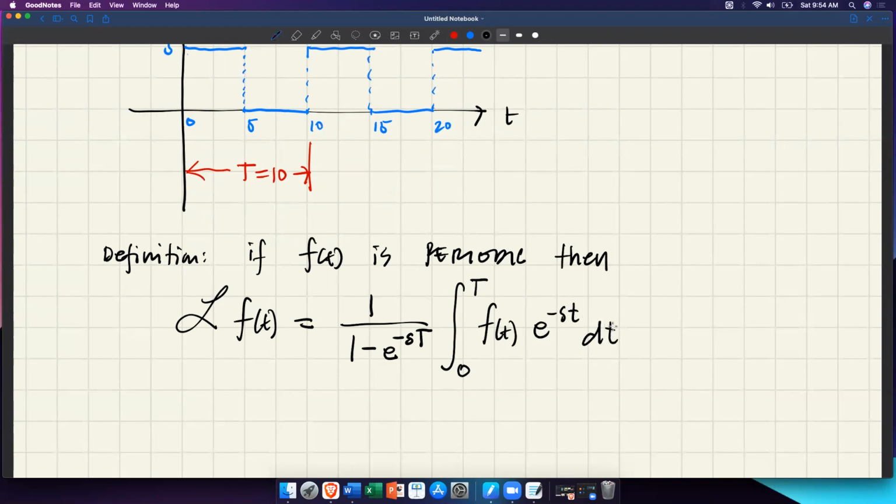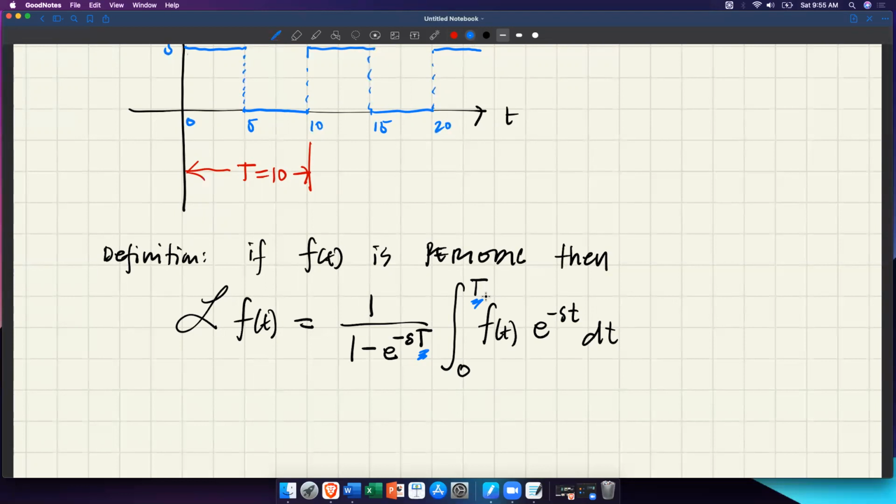This is the definition of the Laplace transform of your function of t. And take note, T here is your period.